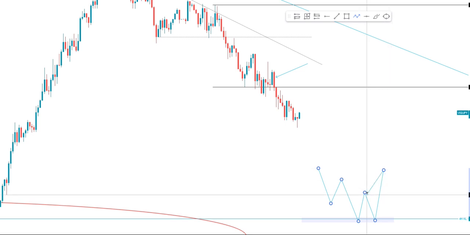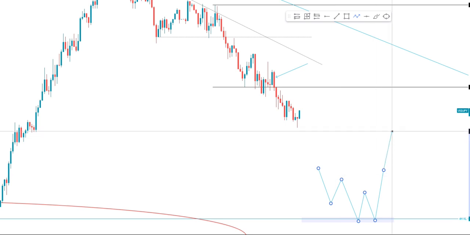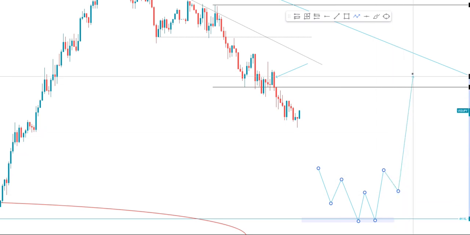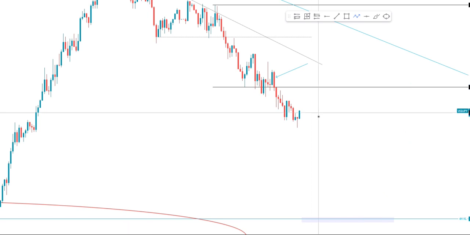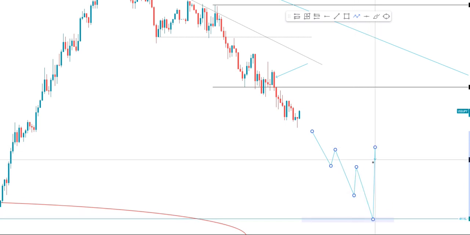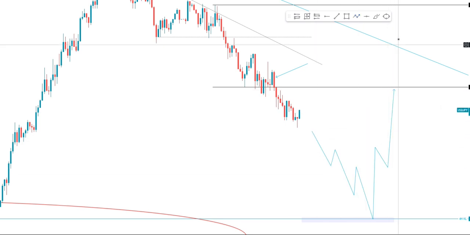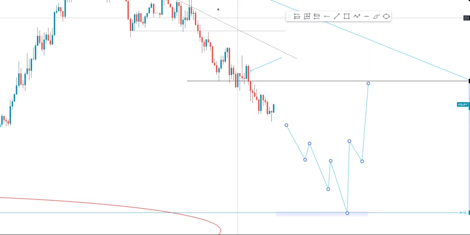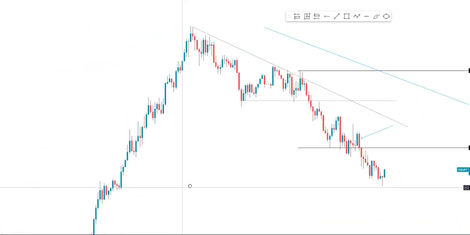When price breaks this lower high, or breaks the lower high made, I'm gonna wait for a retest, then continuation, or something like this. Break of the lower high, retest, and go up. This is it.